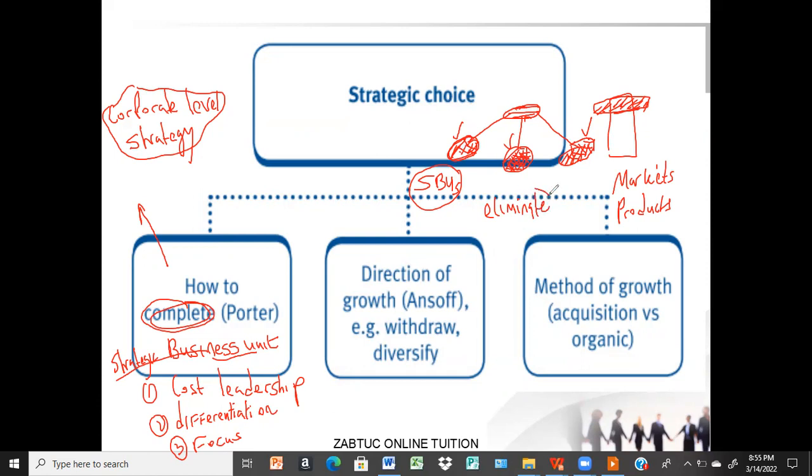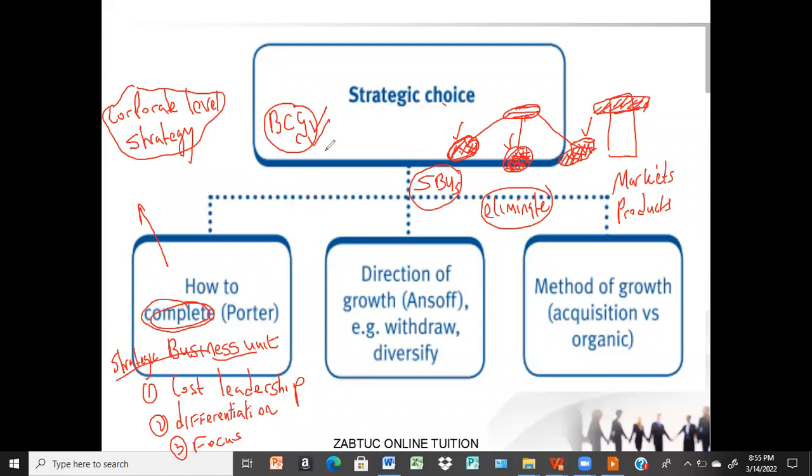What model do you use to evaluate whether these businesses are still all right? The BCG matrix. The Boston Consulting Group model is what we use to determine whether these units fit within the group, and whether we have a balanced portfolio of products or business units.